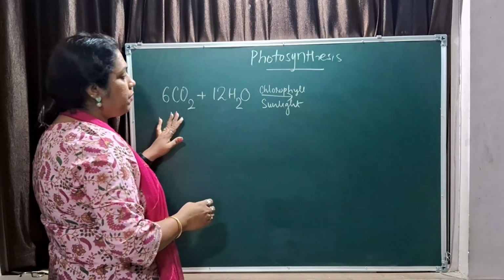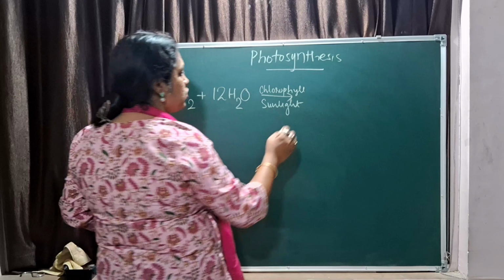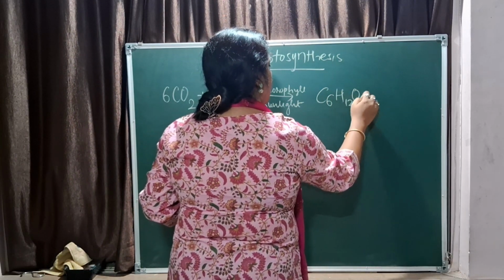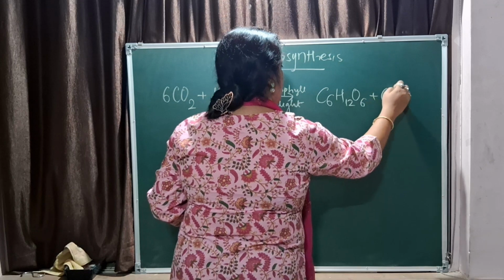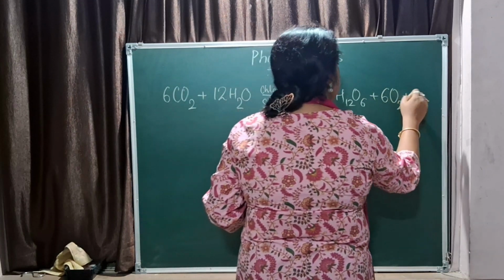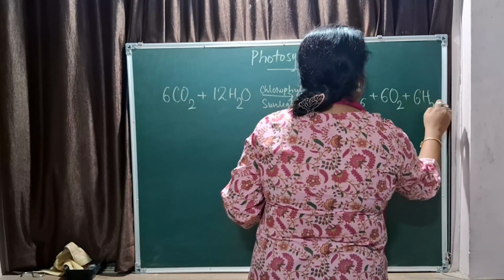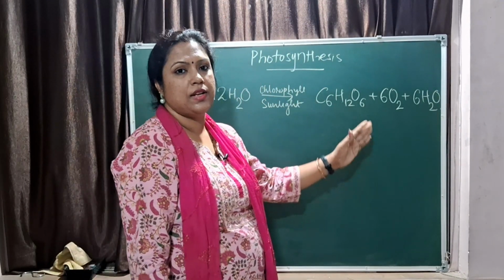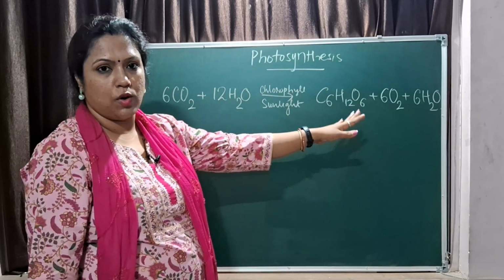6 molecules of carbon dioxide combines with 12 molecules of water to form glucose plus 6 molecules of oxygen plus 6 molecules of water. This is slightly different from your chemistry, right? In chemistry we write a net reaction, so we have 6 and no water there.